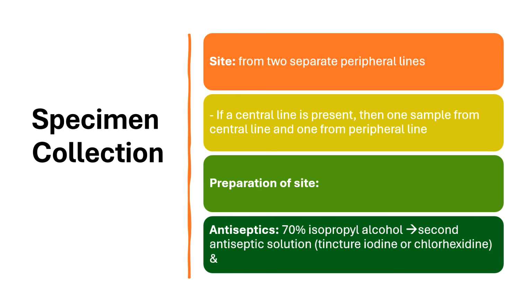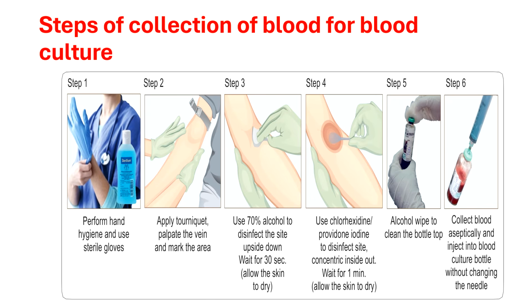The preparation of the site is an extremely important step for the collection of blood culture. After performing hand hygiene, putting on gloves and engorging the vein, the most crucial step is that you have to disinfect the site.